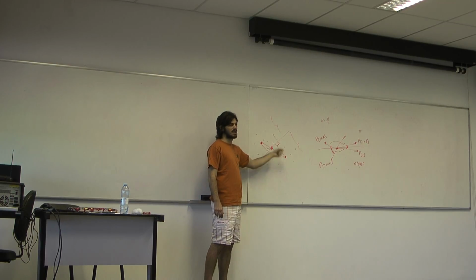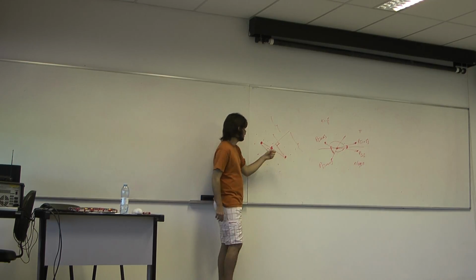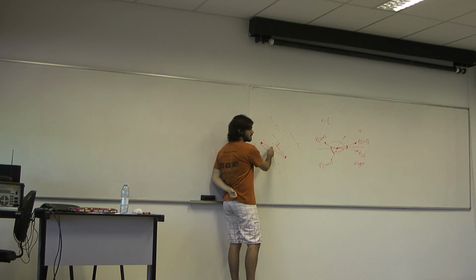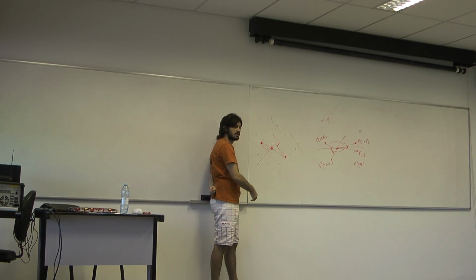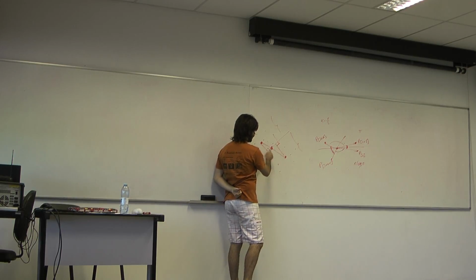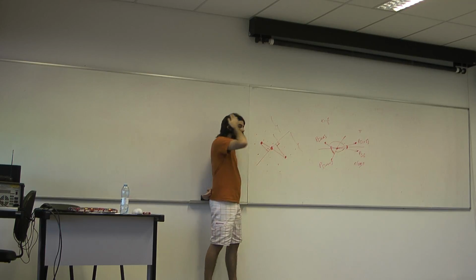Then, having this, it is true that the center point of this segment lies here, because these two triangles are exactly the same. These two angles are the same, and these two distances are the same, so the triangles are congruent.